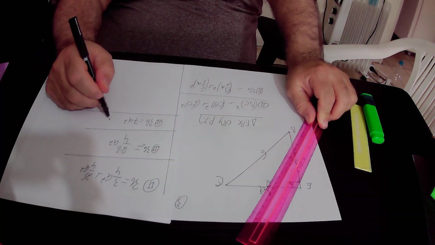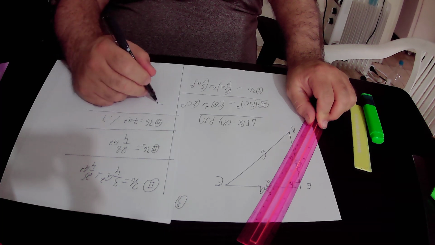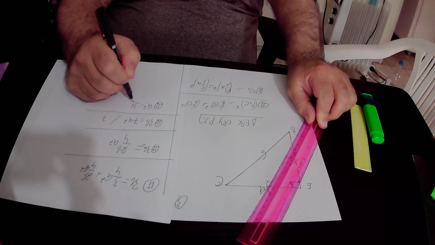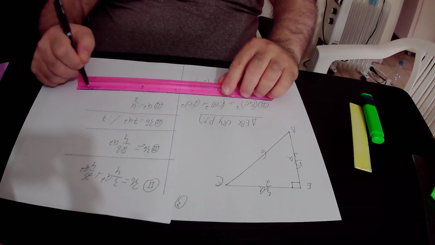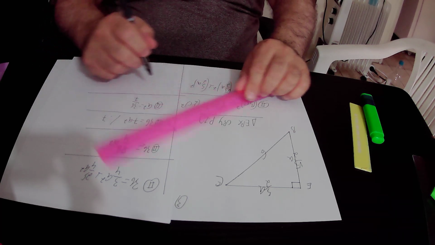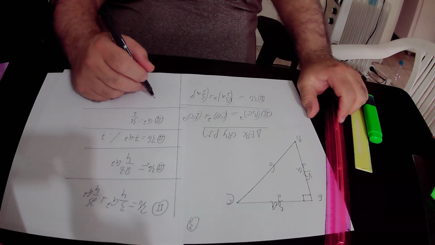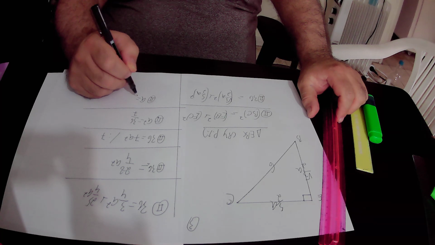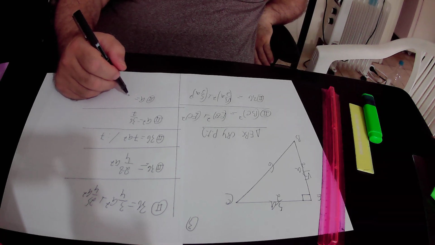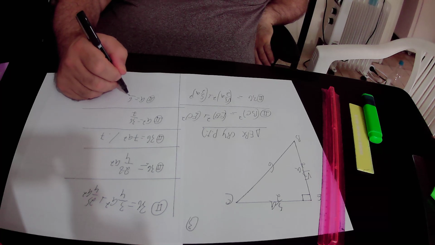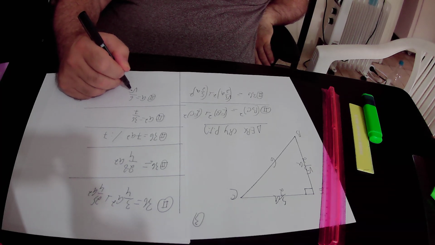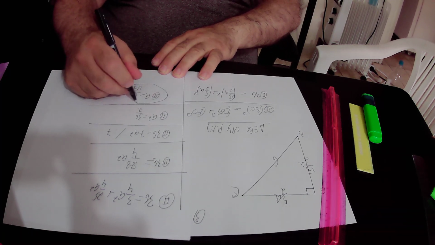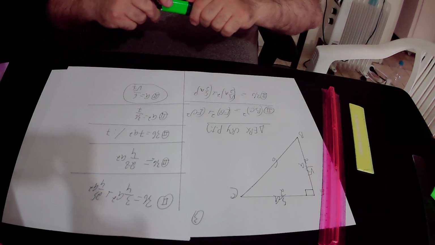We divide this equation by 7, and we get that A squared equals 36 over 7. So we take the root of this equation, and we get that A equals the square root of 36 over 7. The square root of 36 is 6, over square root of 7. So the conclusion follows that A equals 6 over square root of 7 units.